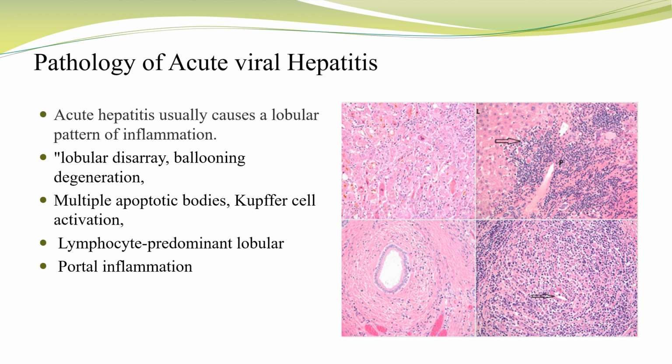Actually, as we see in the picture, the histology of the liver. There's inflammation cells in the liver, and lymphocyte predominant lobular inflammation, and the inflammation is around the portal vein, and we say portal inflammation.